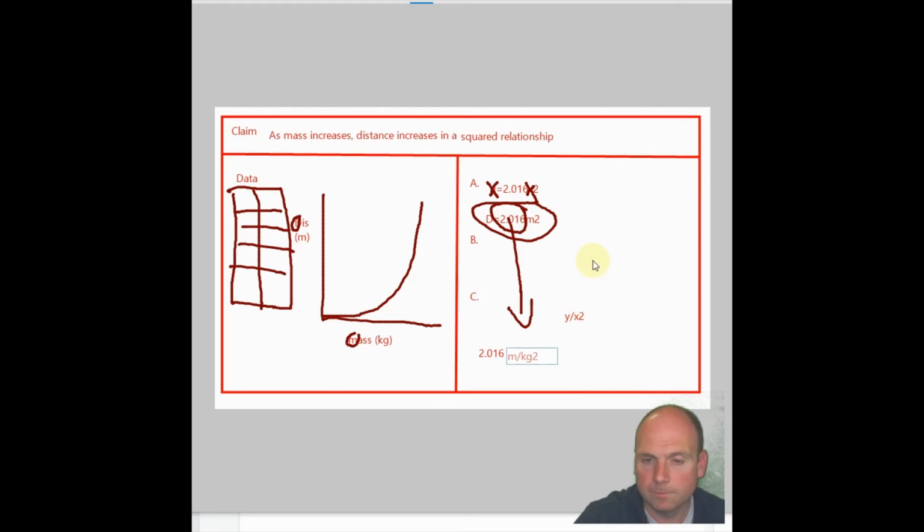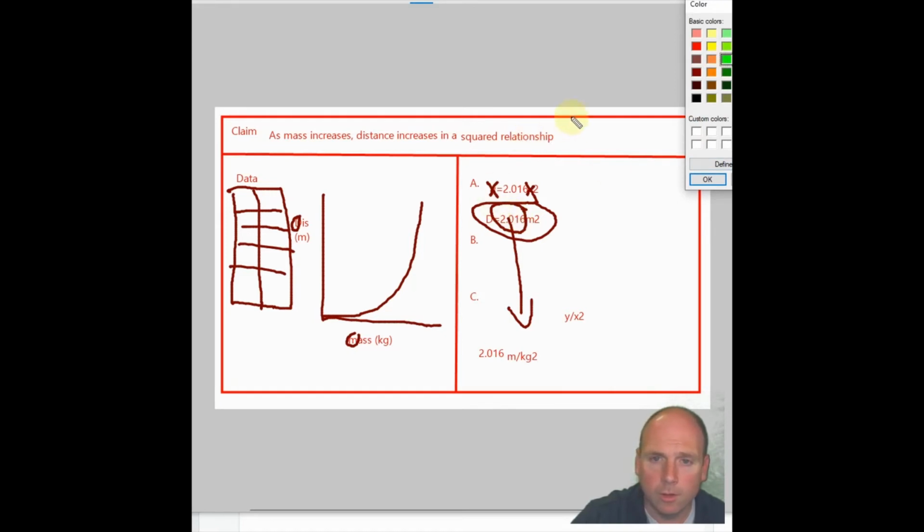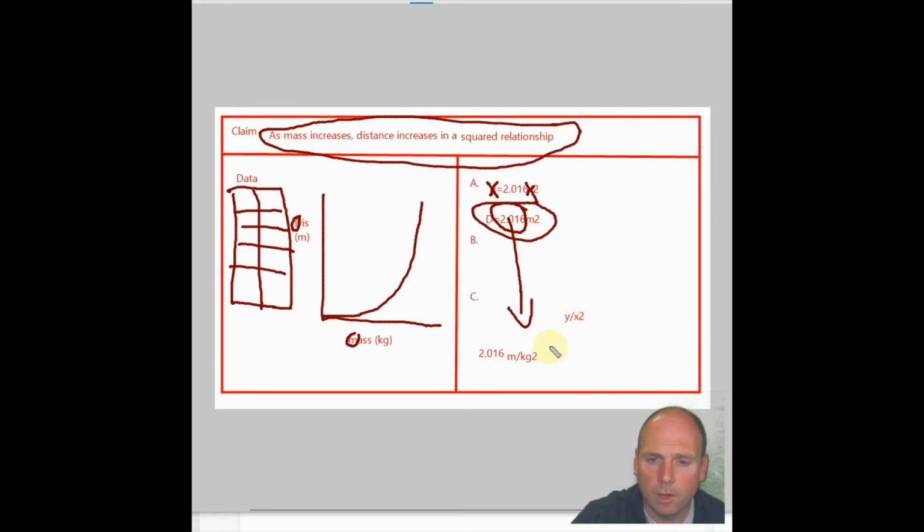Kilogram squared. And that's it. That is all you needed to do. You need to add a claim, and the constant with units to that. So you're going to go back, copy and paste the data, reproduce the graphs. So 1, 2, 3, 4 for each one.